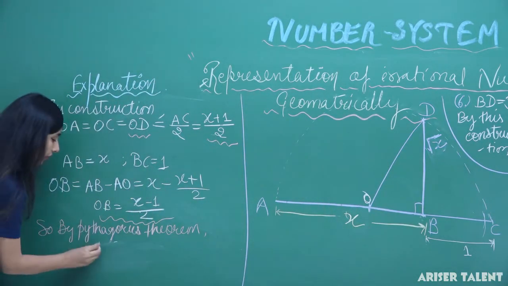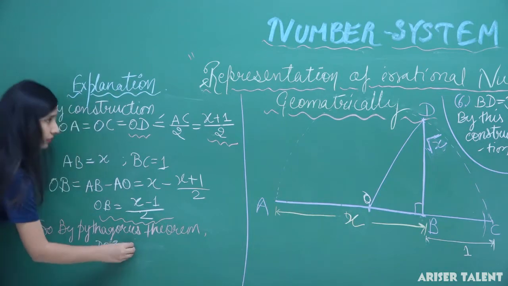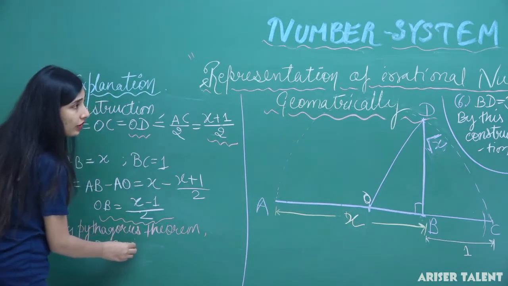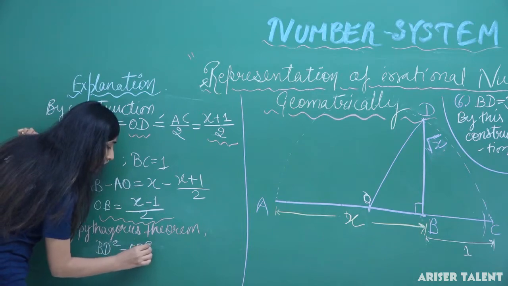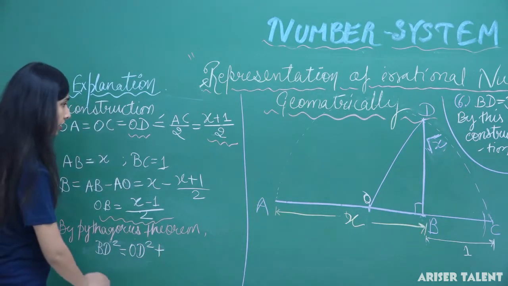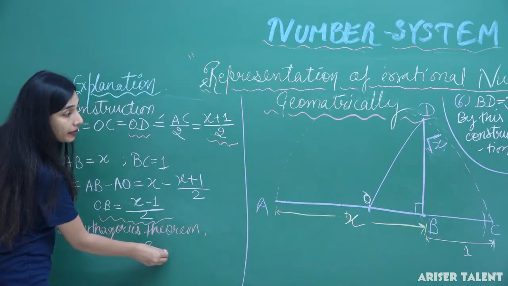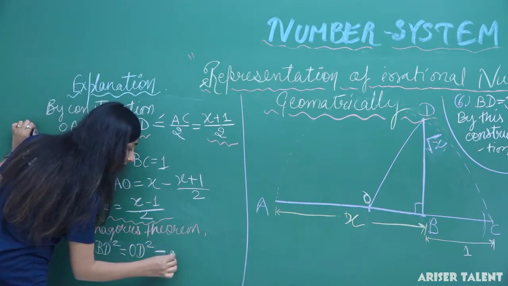So, BD is what? Perpendicular. So, BD square will be equal to the hypotenuse square, that is OD square, minus the base square which is OB square.